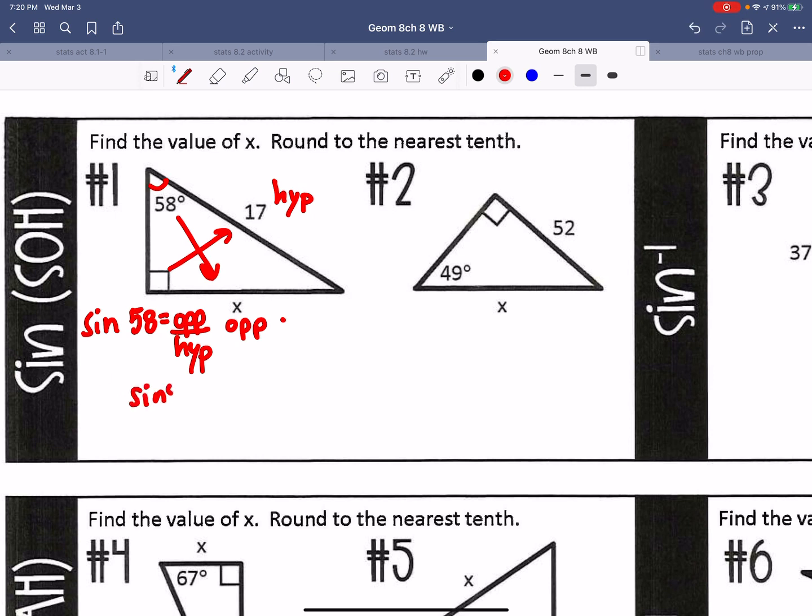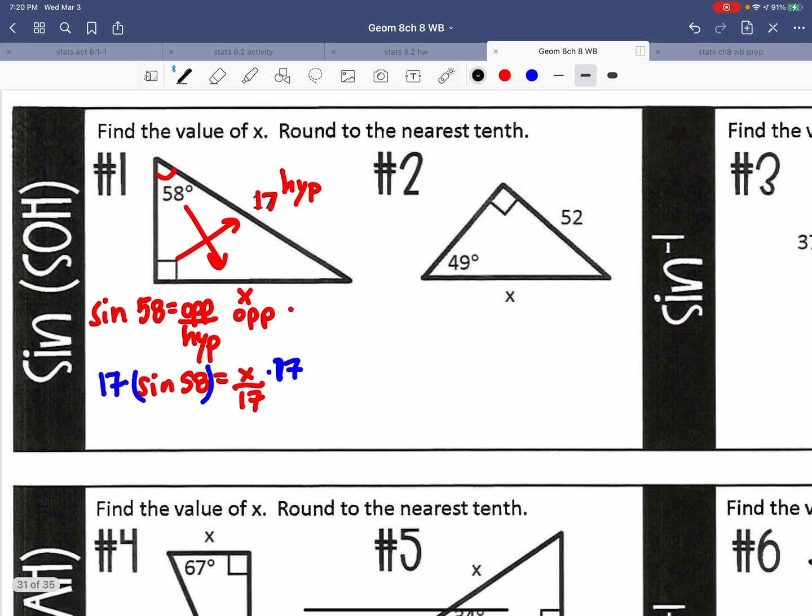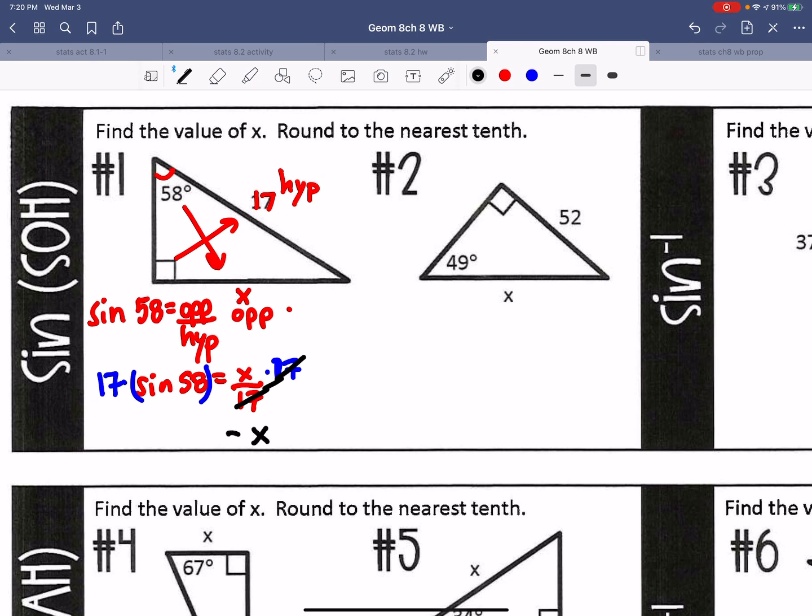Opposite, we labeled the x. Hypotenuse is the number 17. Okay, so to solve for x, we want to multiply by 17 on both sides. And this 17 would cancel. We get x is equal to 17 times the sine of 58.